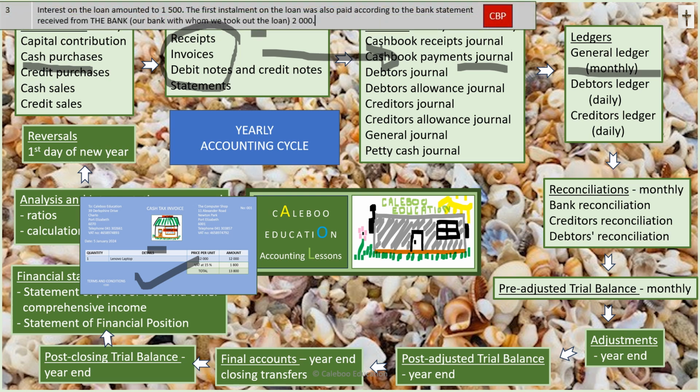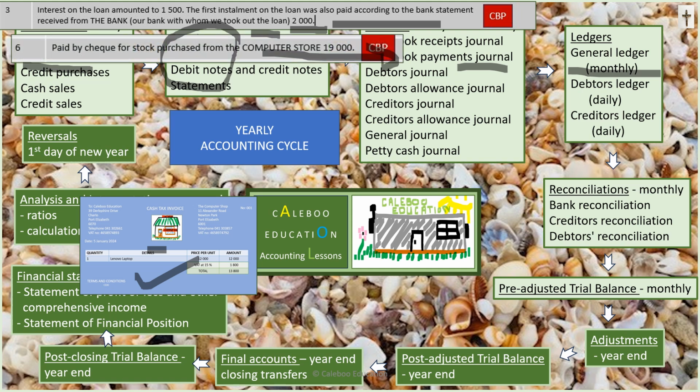Here are some transactions. This first transaction is an example of what type of transaction goes into the Cashbook payments, but we at Calibre Education have a loan and 2,000 Rand is being paid back on the loan.